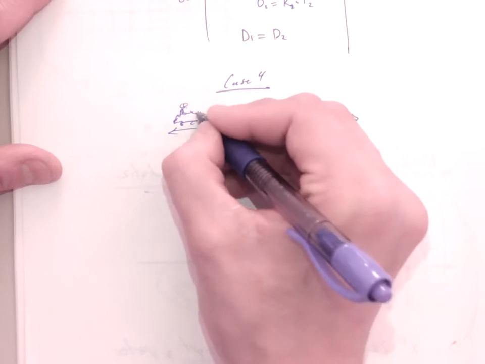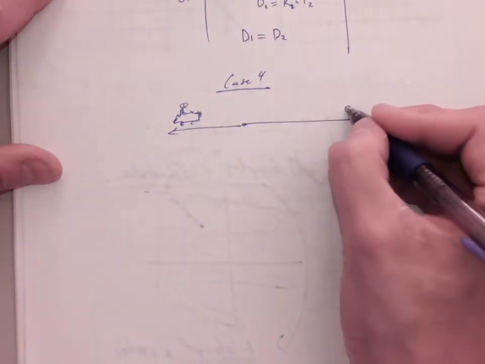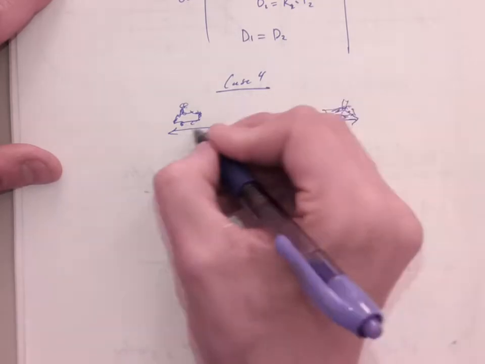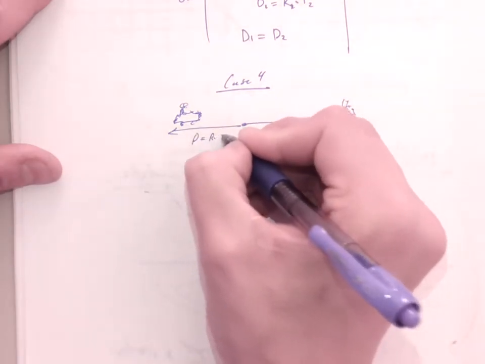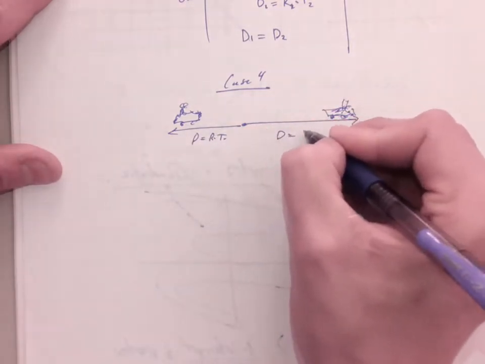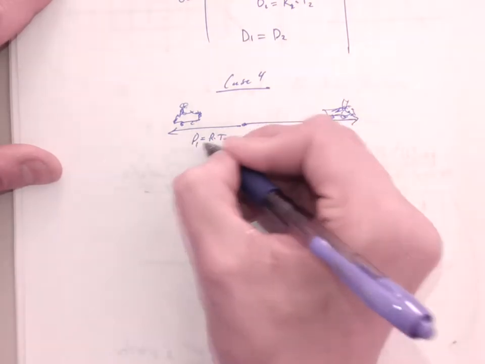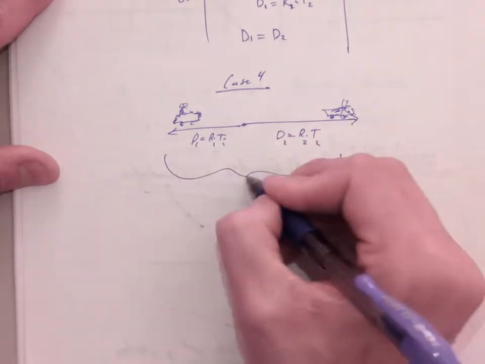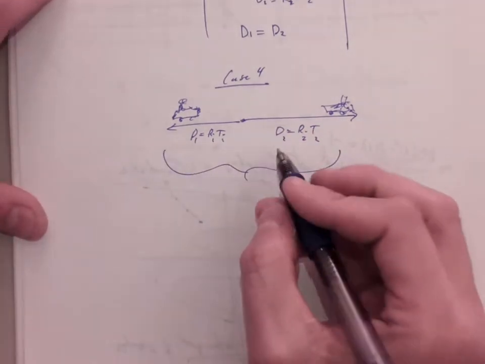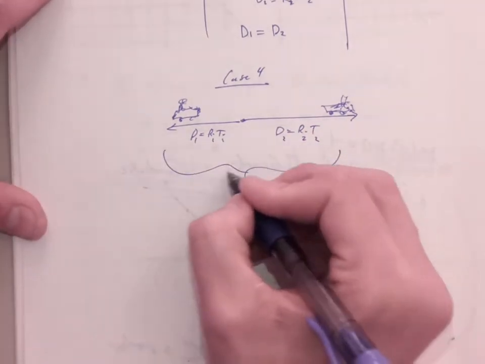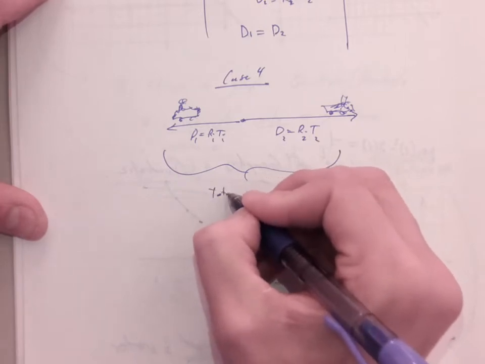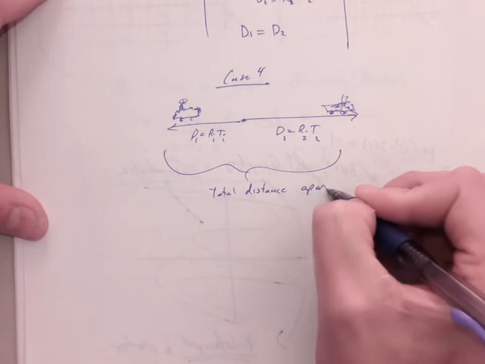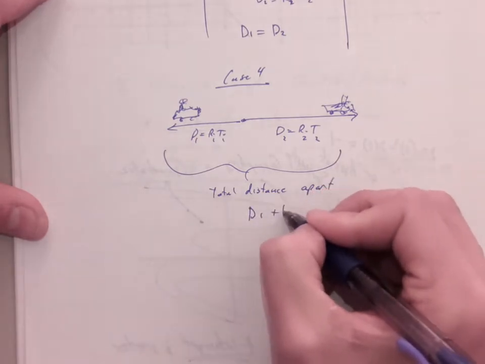It's on some tracks and they're going away from each other, but each of them here gets their own distance equals rate times time, D1 equals R1 T1, D2 equals R2 T2. Typically with these ones, they like to give you the total distance apart, and that is given by D1 plus D2.